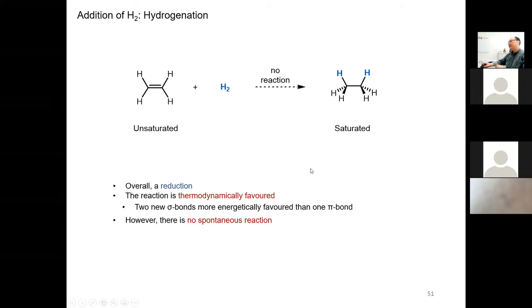But kinetically, it is not spontaneous: although the reaction is thermodynamically favored, its activation energy is quite high. That means it might take thousands of millions of years to finish. It's not fast enough. So if we just combine ethylene and hydrogen gas together, nothing will happen, even if energy-wise the product is more stable.